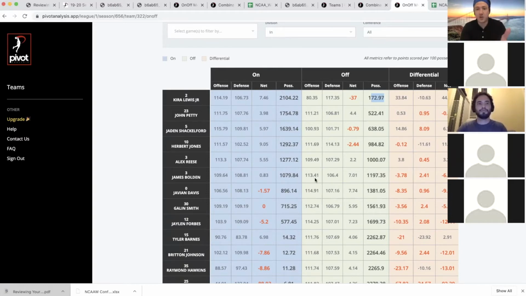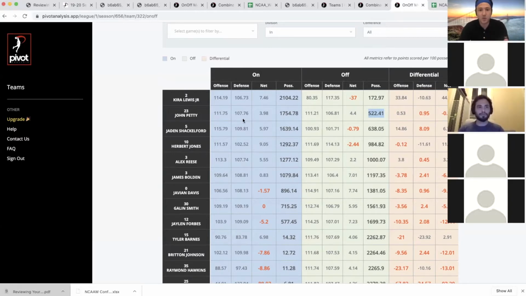So these numbers are fairly large on both ends. And so we can make some analysis on, okay, he generally had a negative offensive and defensive impact. So that is more useful in terms of analyzing the on-off than Kira Lewis or probably John Petty, because these possession counts are pretty low. But we really want to focus on the on-court metrics here.